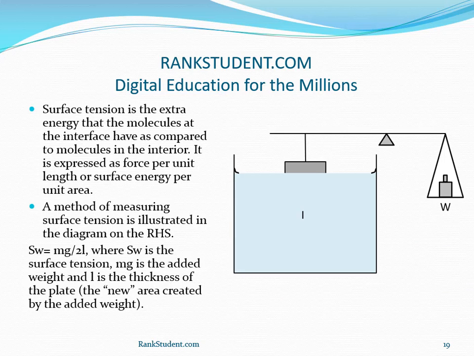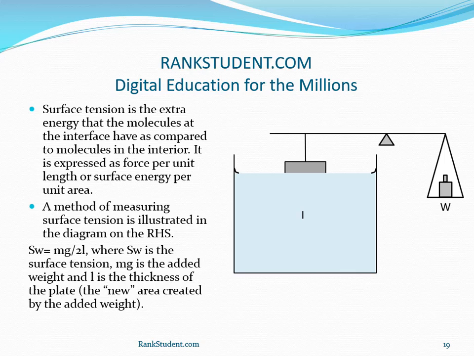Surface tension is the extra energy that the molecules at the interface have as compared to the molecules in the interior. It is expressed as force per unit length or surface energy per unit area. A method of measuring surface tension is illustrated in the diagram on the right-hand side.